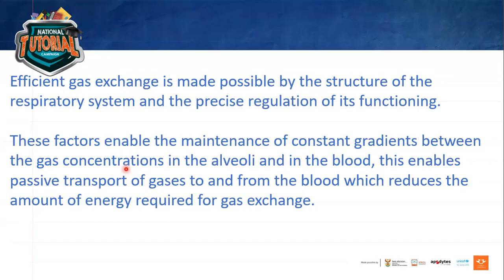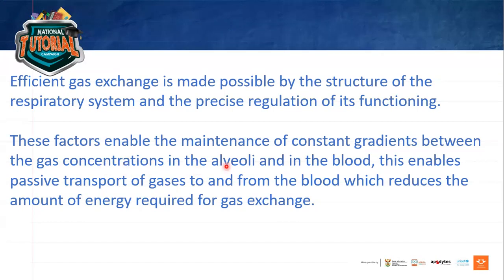So the constant maintenance of this system allows and ensures that the gradients between the oxygen and carbon dioxide are maintained properly, so that you never have too much carbon dioxide in your body that it becomes too toxic, you know? So that's what happens there.